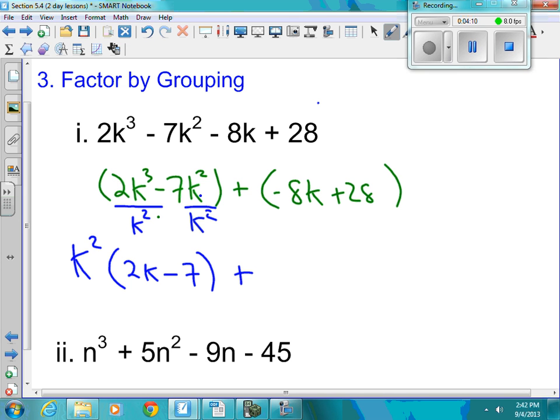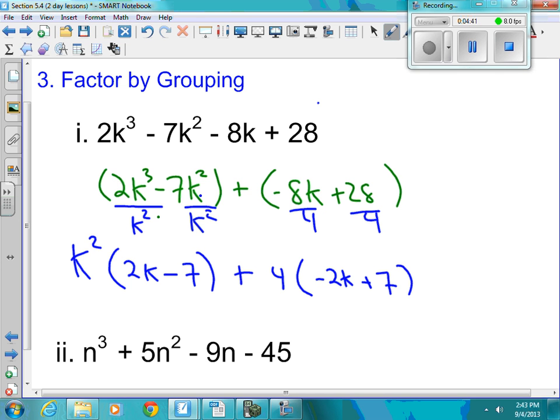So what will divide negative 8 and 28 evenly? Well, negative 4 or positive 4 will both divide it evenly. Which one do we want to factor out? Positive 4 or negative 4? Well, let's think about it. If I divide this just by 4, we end up with 4 on the outside, negative 2k, and positive 7.